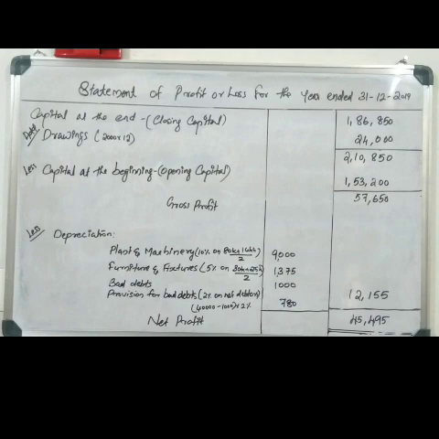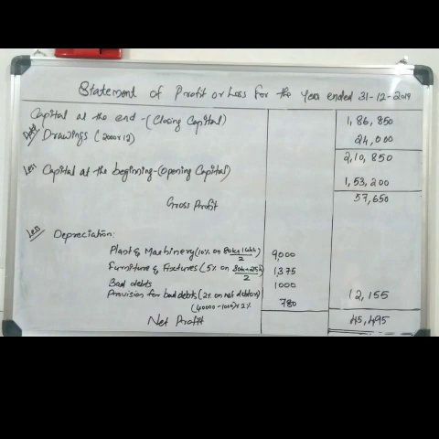Same way, we have to take 5% for furniture and fixtures, which is 30,000 plus 25,000 divided by 2, which is 55,000 by 2, which comes as 27,500, and 5% of 27,500 is 1,375.